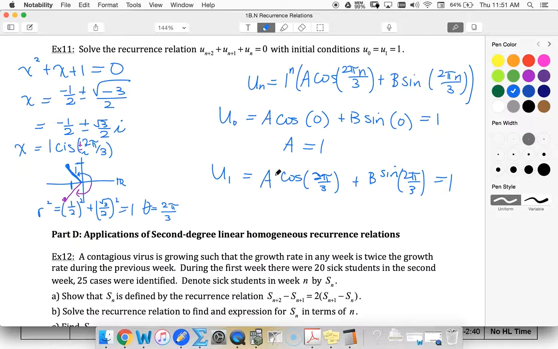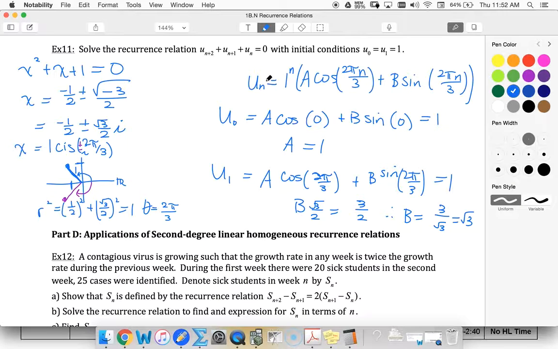I know that this is 1, this is -1/2, so that's going to give me b √3/2 equals 3/2. Knowing that this was -1/2, move it to the other side. That tells me that my b value is going to be 3/√3, which is the same as √3.